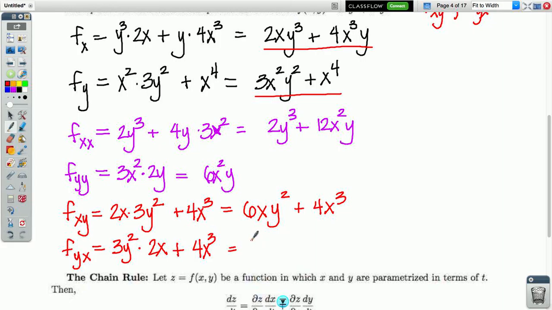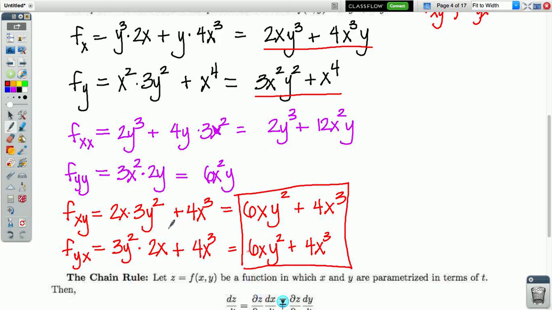So coincidentally, maybe, when I simplify this whole thing, I get 6xy squared plus 4x cubed. And one thing that you probably notice at this point is that these two mixed partials are the same.